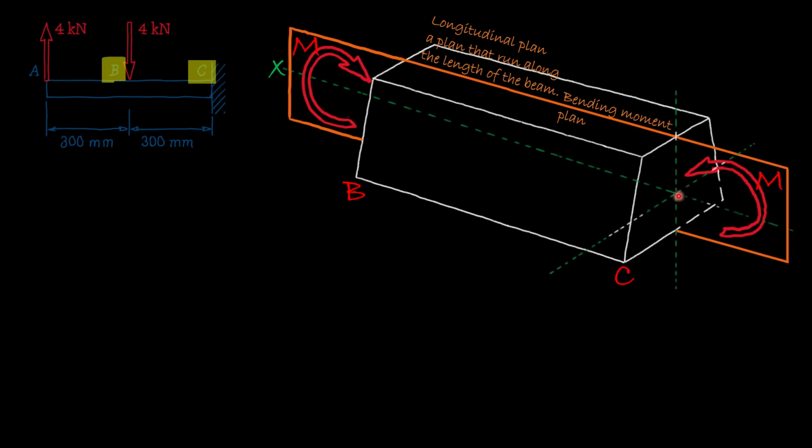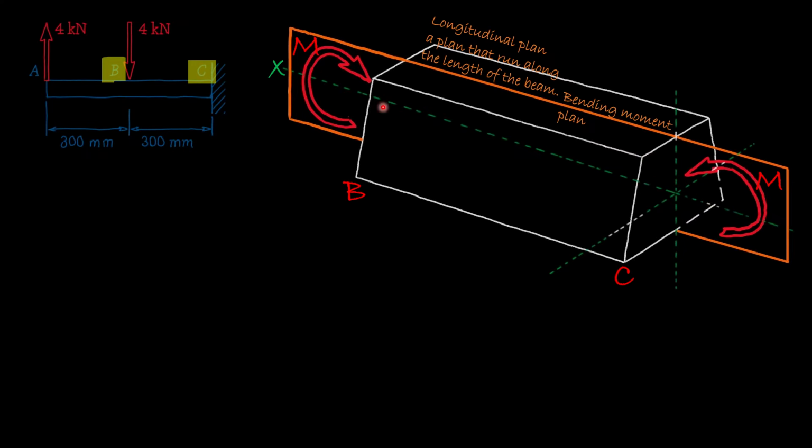And now what we will do is place the origin point of a coordinate system at the center of the cross section. Finding the center of the cross section is important to find the compressive stresses and tensile stresses caused by bending.